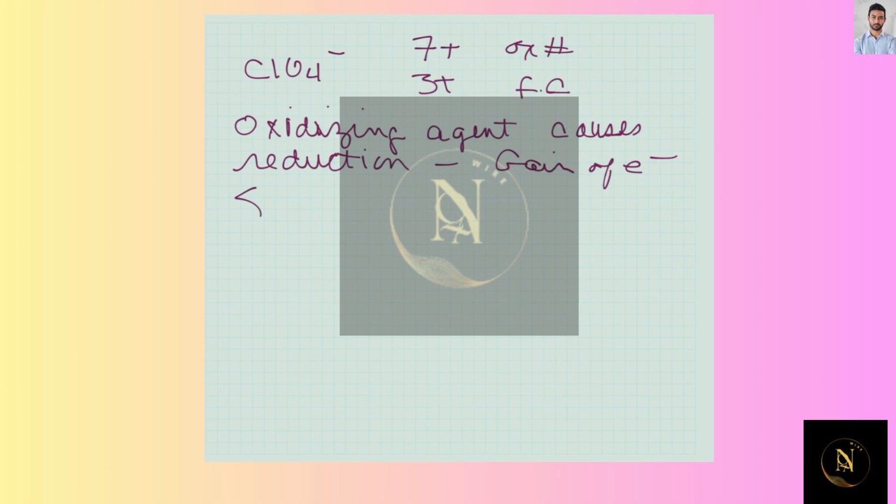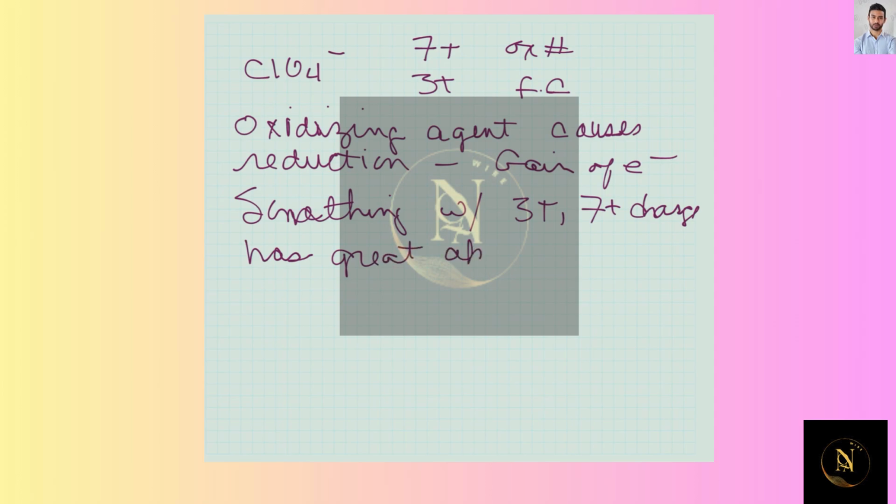Something that has a 3 plus or a 7 plus charge has great ability to gain electrons. Okay, we're done.